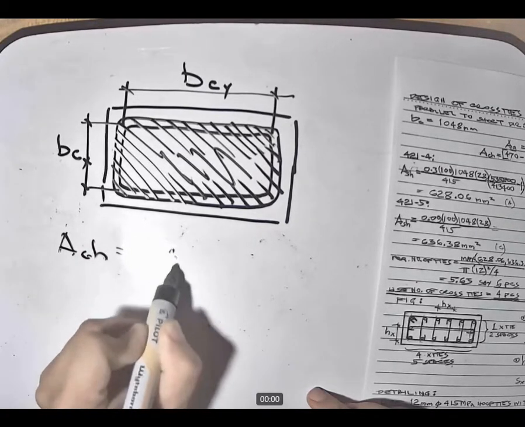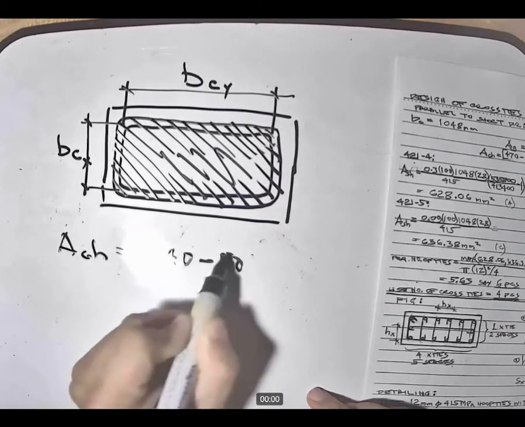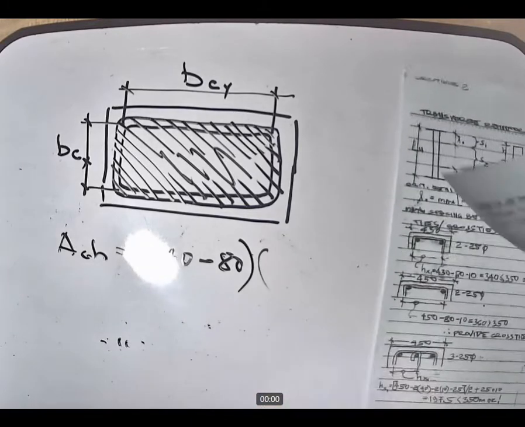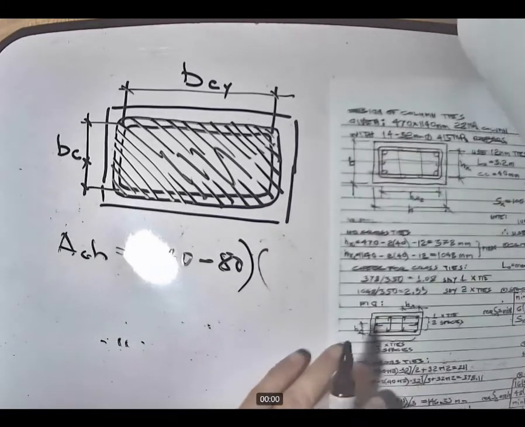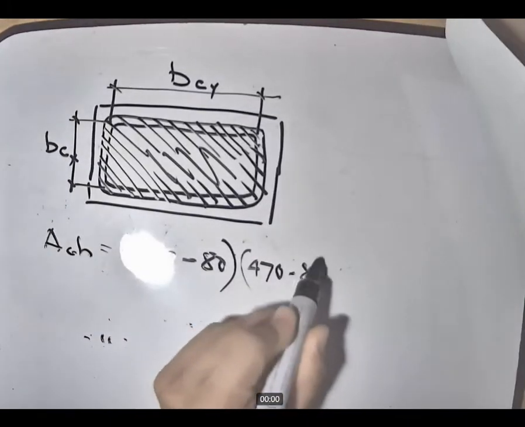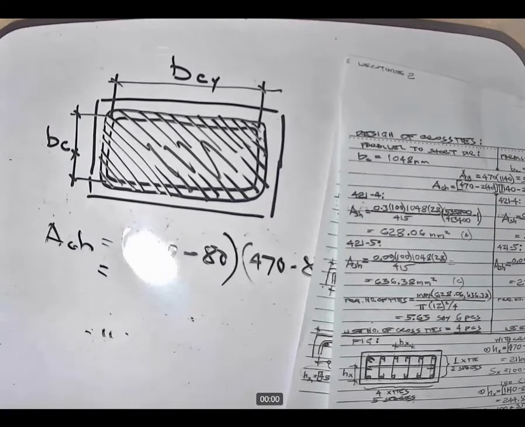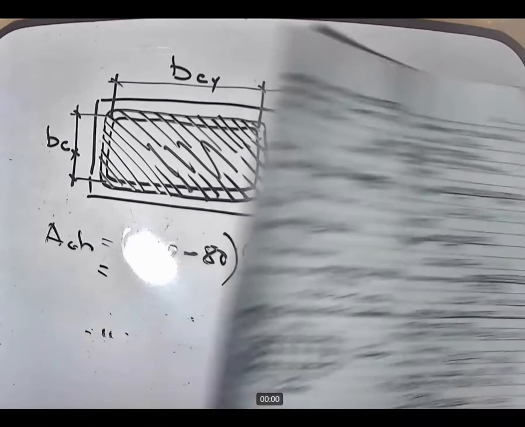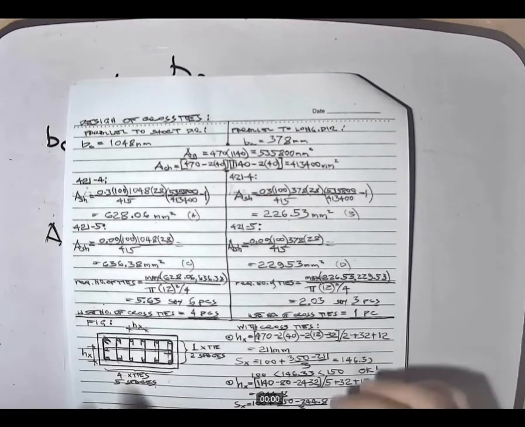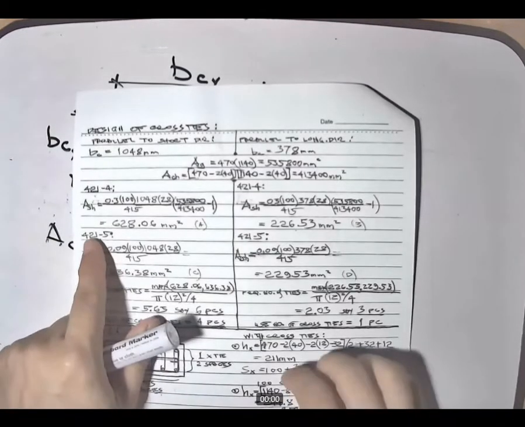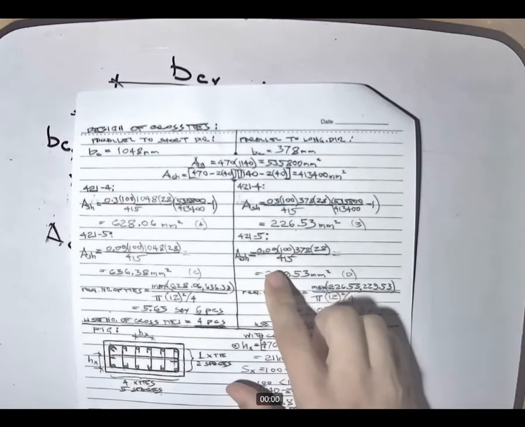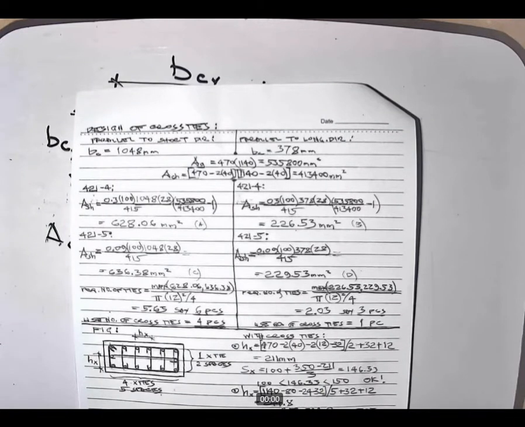That is 1140 minus clear cover times the quantity 470 minus twice of clear cover, and that will give you 4134. Okay, next is we now compute these two conditions for each direction of cross tie.